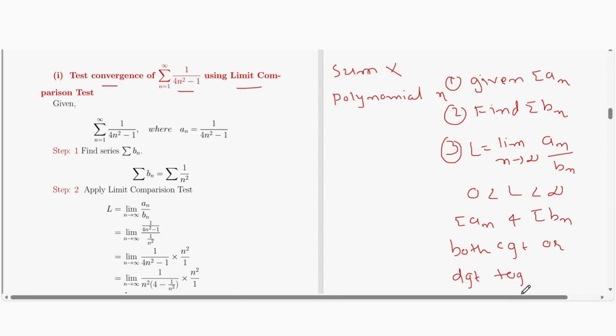So what does it mean? It means if series Bn converges, then series An also converges, and if series Bn diverges, then series An also diverges. So for this purpose, next we need the convergence of series Bn.